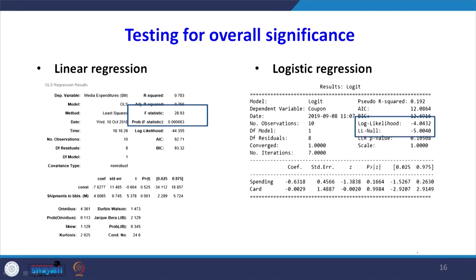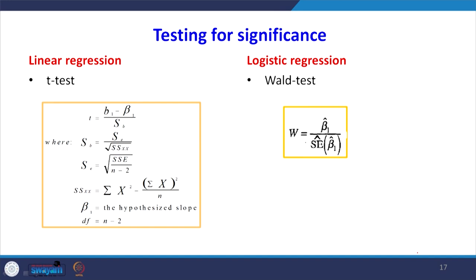This value you can get from the output of Python for logistic regression and linear regression. This was the comparison. Another point here is to test the significance of each independent variable in a linear regression model, we will use the t-test. The calculated t is b1 minus beta 1.